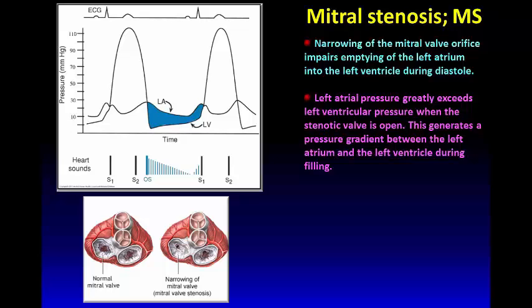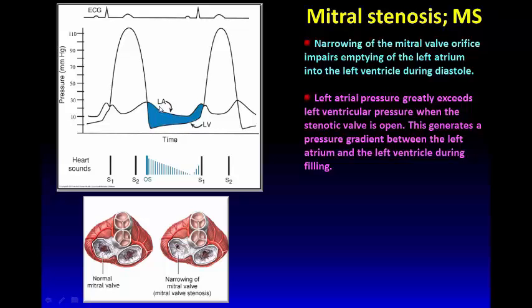It is because of that a pressure gradient is detected between the left atrium and the left ventricle during the filling phase of left ventricular diastole when the stenotic valve is open. So here we have the diastolic left ventricular pressure, and this is the diastolic left atrial pressure.